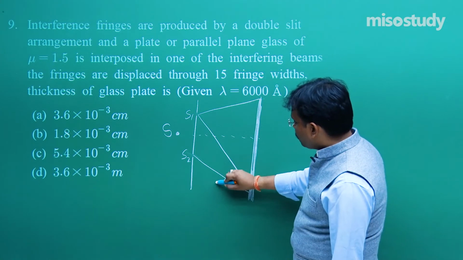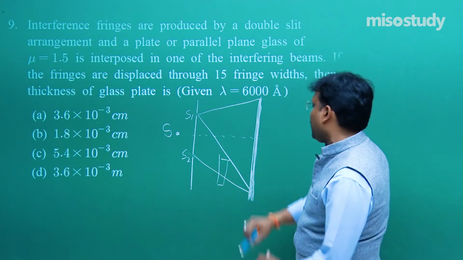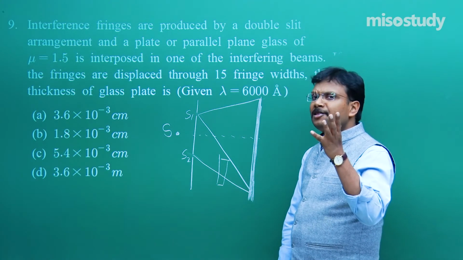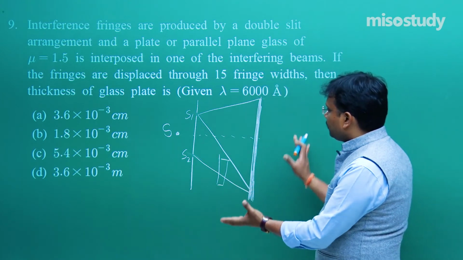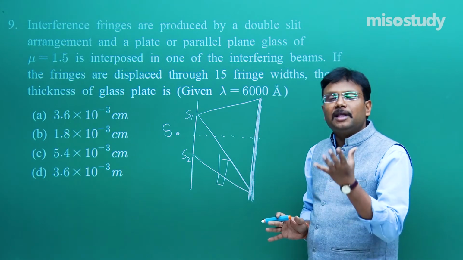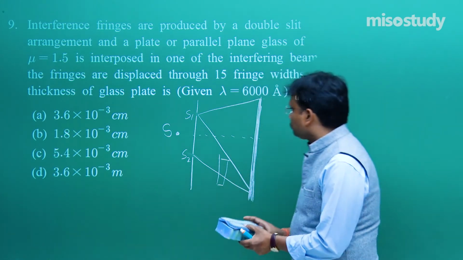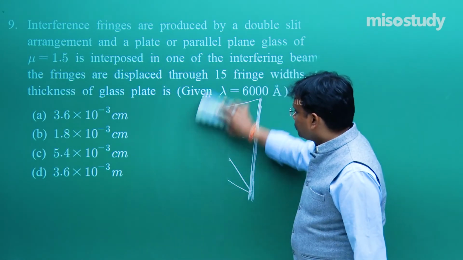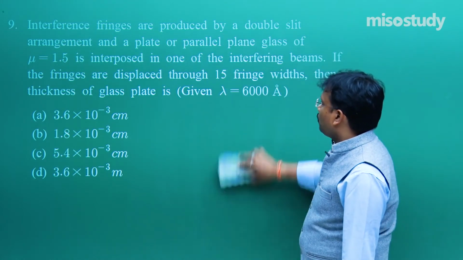Now if I introduce a glass plate of some thickness and some refractive index, obviously some optical path difference will come into the picture. So the discussion is associated with that optical path difference. I hope the diagram, which is a very simple diagram, is clear to all of you.